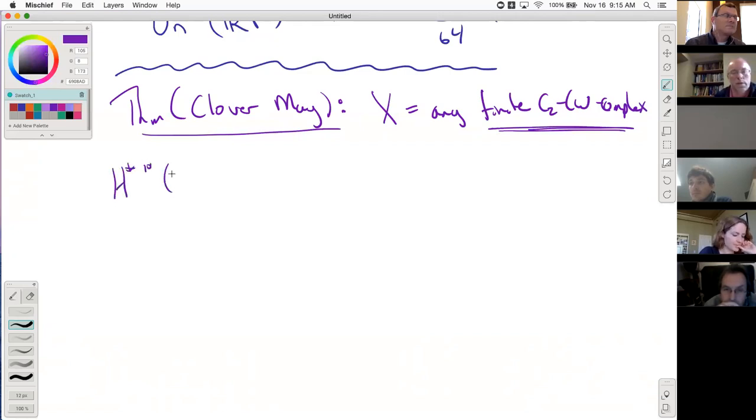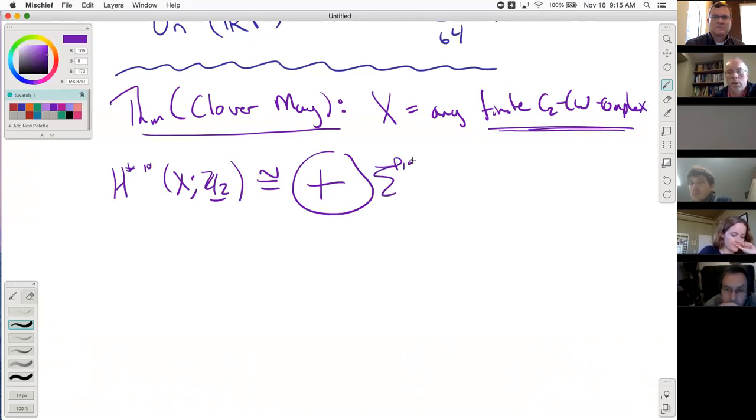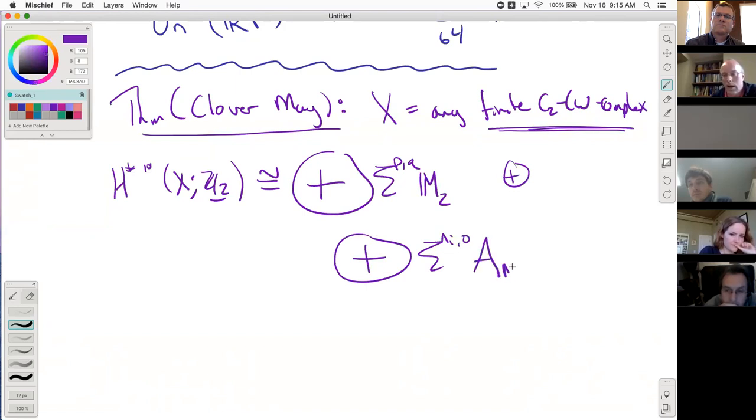So she proved that the cohomology of X with Z2 coefficients always splits up. So you have suspensions of M2s, and then you have various suspensions of those AN guys. Okay.